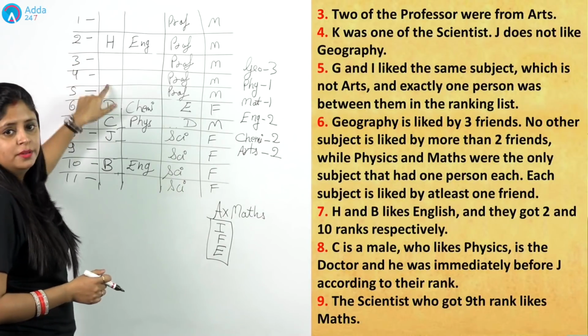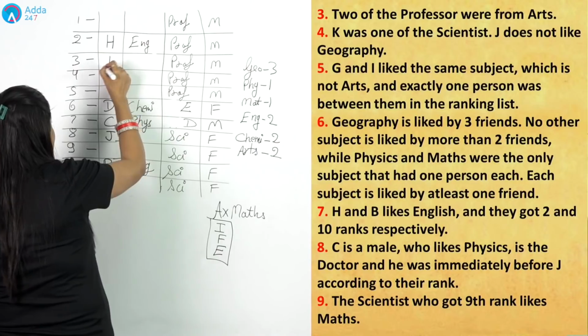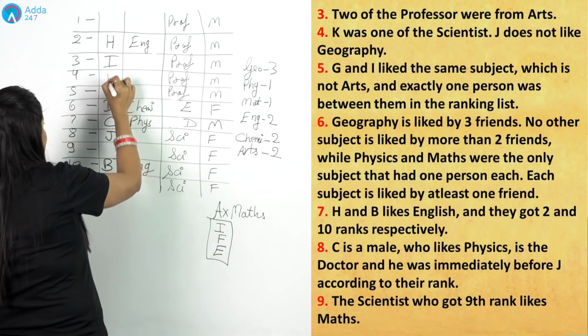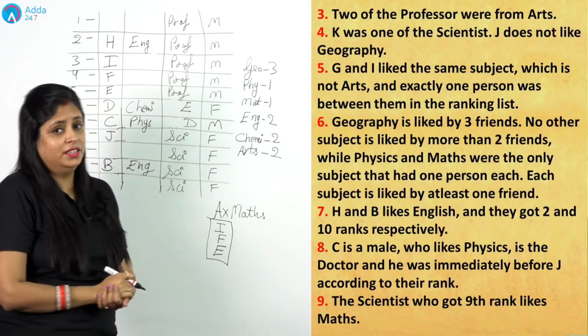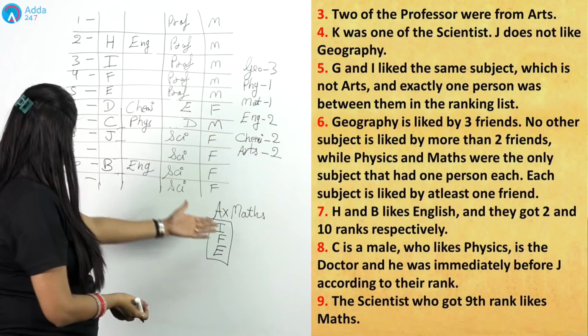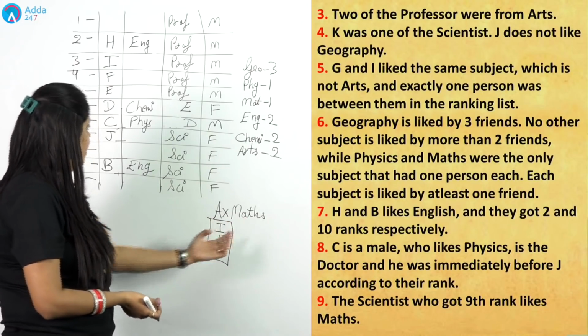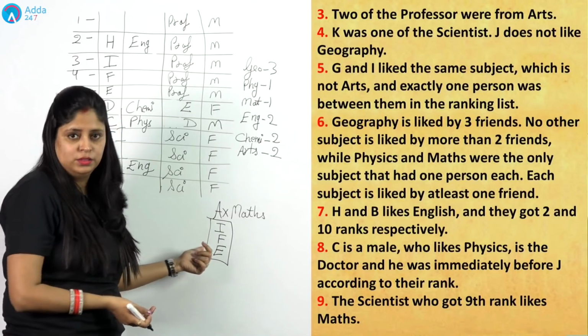Yeah, sure, here. I can see 3 blank places back to back, so I will place I, F and E here itself. We are done with these persons also. Now, I don't think that I can justify this hint right now. A does not like maths, so I am not considering this hint. I just simplified this one.